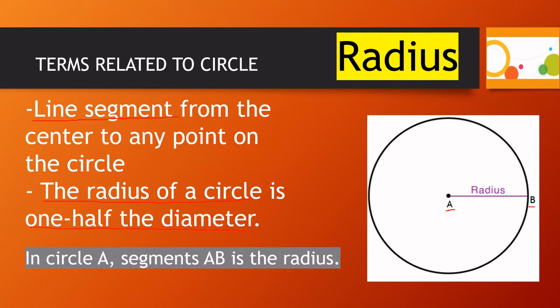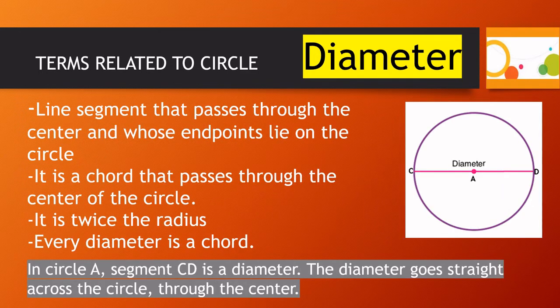Okay? And what is a diameter? A diameter is a line segment that passes through the center and whose endpoints lie on the circle. So in this illustration, line segment CD is a diameter.